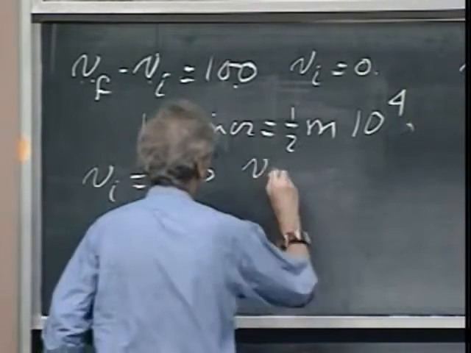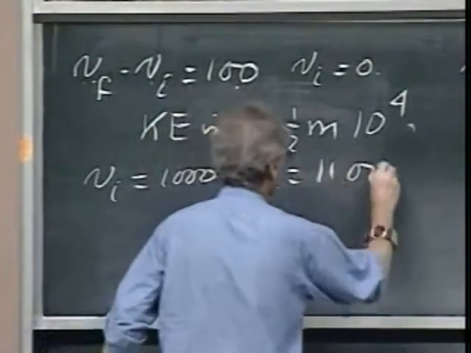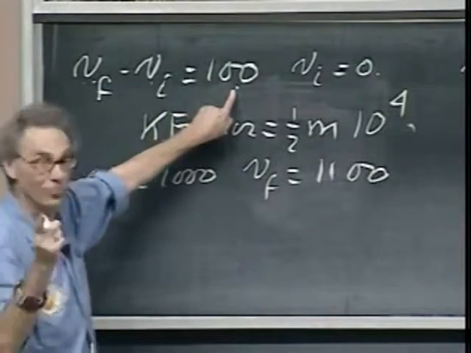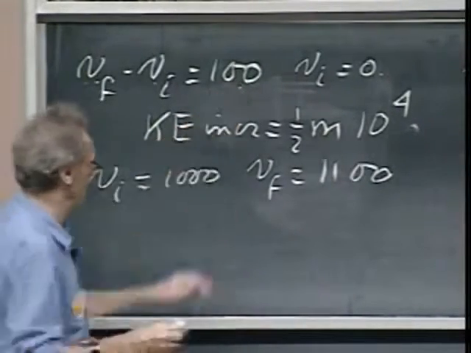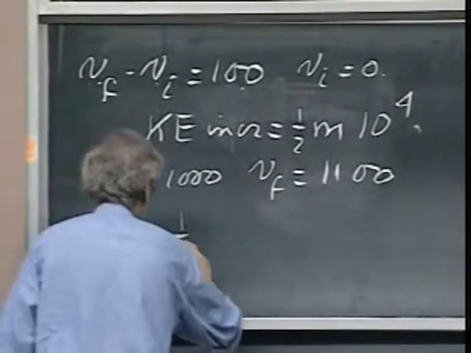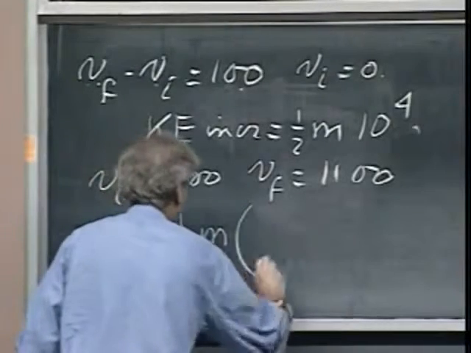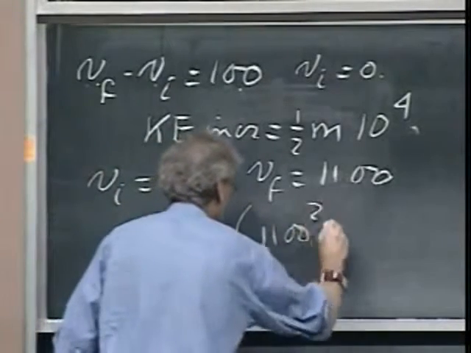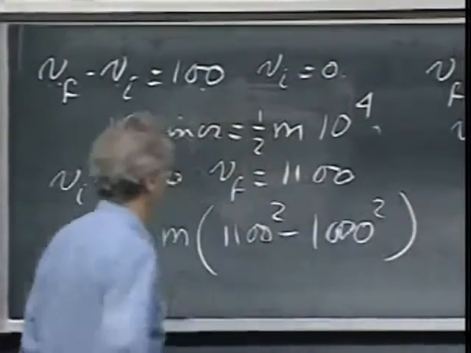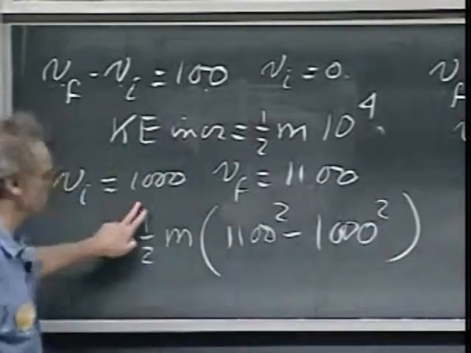The final velocity is now 1,100. That's non-negotiable, because the rocket changes the momentum, changes the velocity by a fixed amount. So now the increase of kinetic energy equals 1/2 m times 1,100 squared minus 1,000 squared. This is the new velocity, and this was the old one.